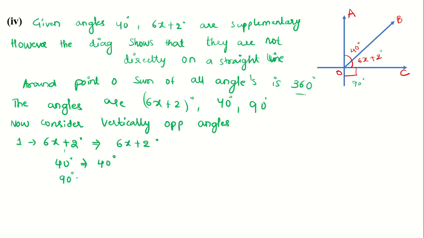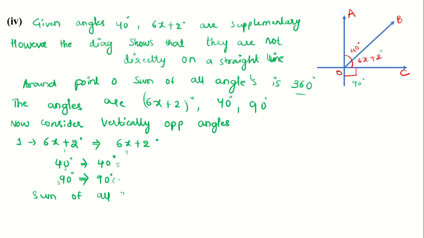Next, we have 90 degrees, and the vertically opposite angle to this is 90 degrees. Now you have noticed that we have 6 angles, right? 1, 2, 3, 4, 5, 6.